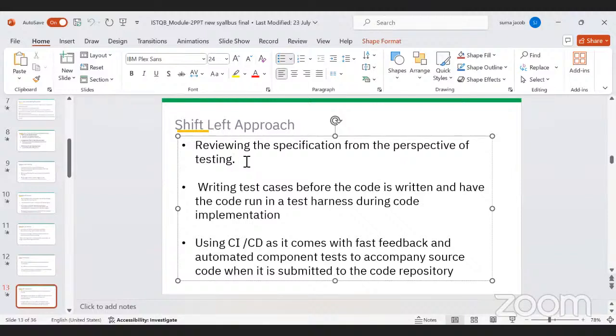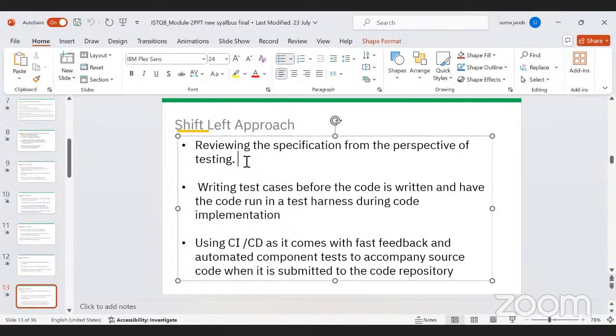That is very important. Reviewing the document from a perspective of testing involves analyzing the requirements or user stories to identify any potential defects, which helps in the shift left approach.